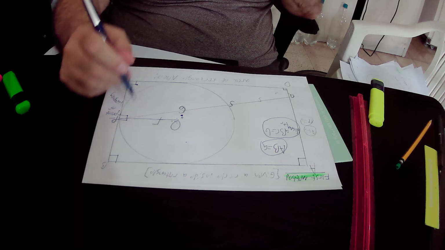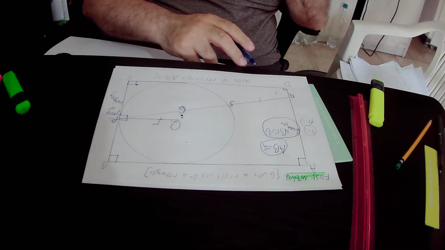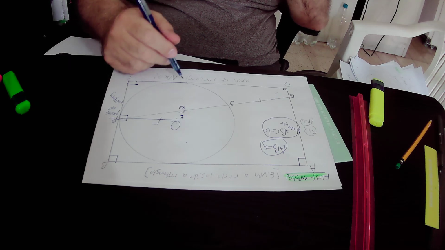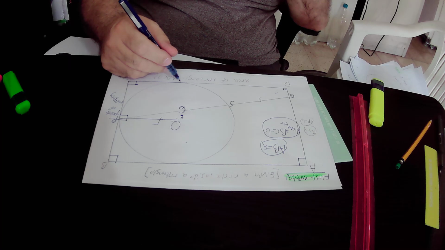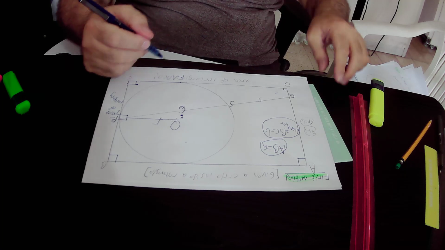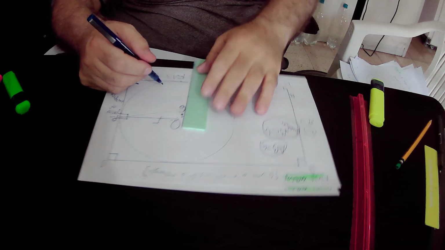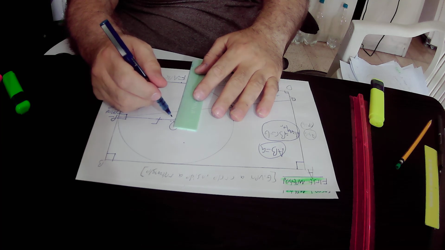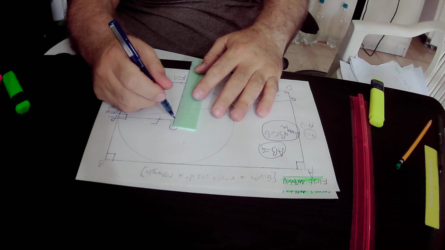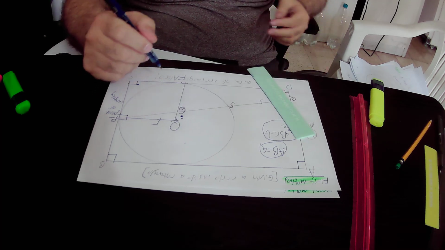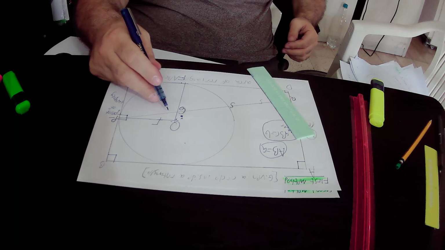Here, we will define the point of tangency of tangent DC with this circle as point F. We join points O and F together by a straight line. Point O is the center of the circle.